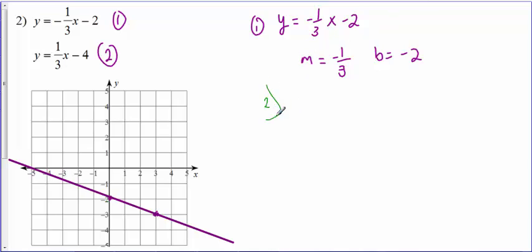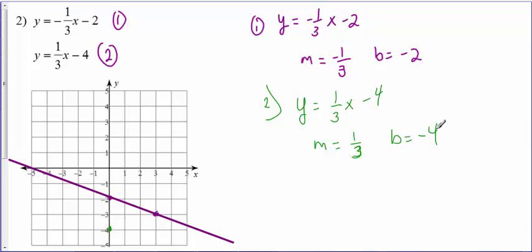For equation 2, we have y equals 1/3 x minus 4. Again, let's identify the slope. The slope is a positive 1 over 3, and the y-intercept is negative 4. Now, we're going to go to negative 4 and put a dot.